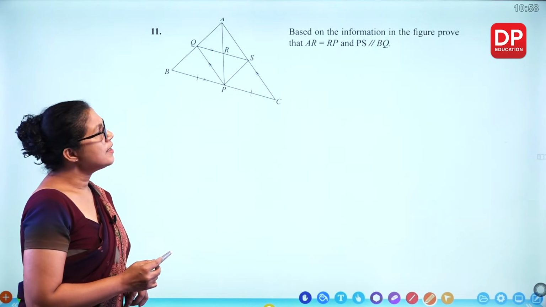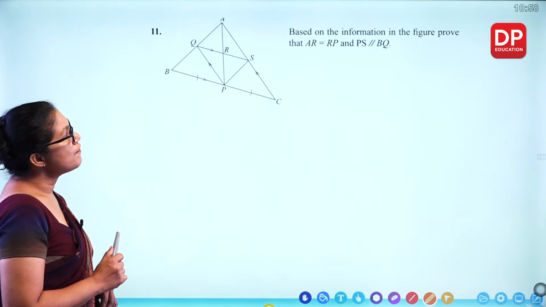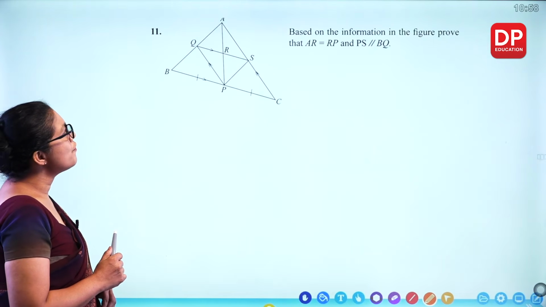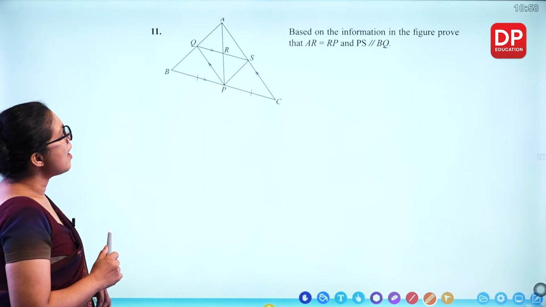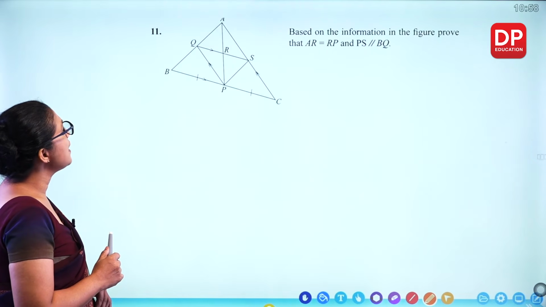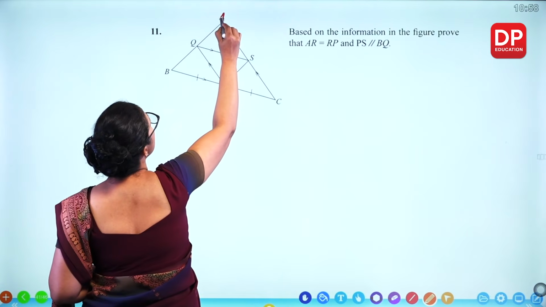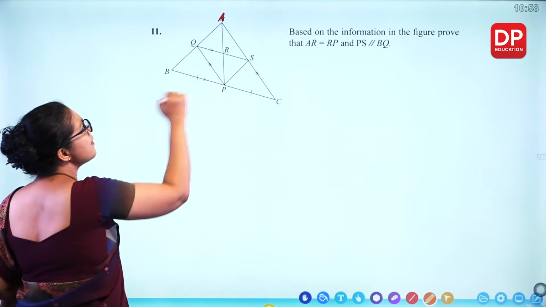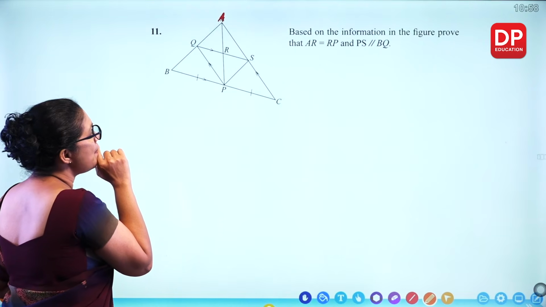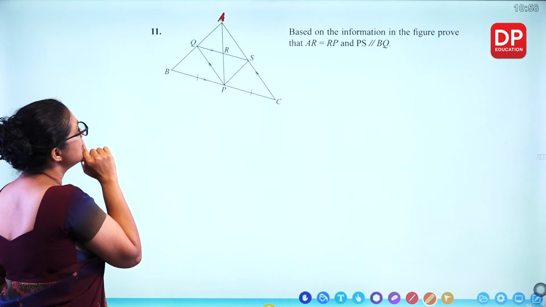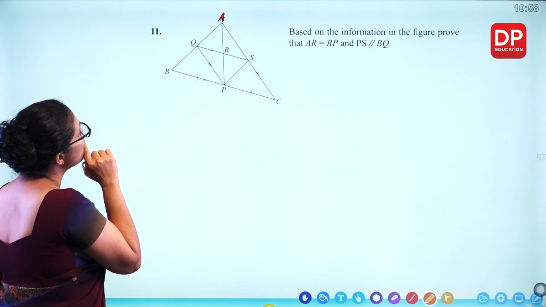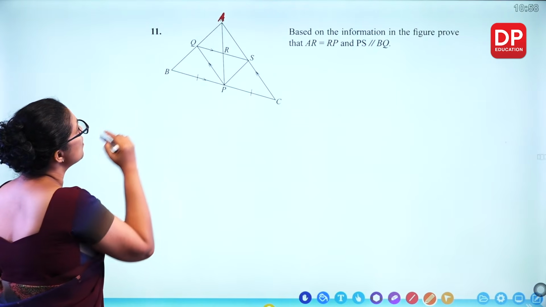Question number 11. Based on the information in the figure, prove that AR is equal to RP, and PS is parallel to BQ.